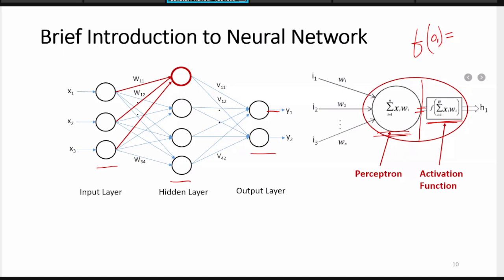So learning a neural model basically means learning these weights. Instead of fixing them manually, now I want to learn them. So how do you learn? For learning a neural network or any other machine learning model, you need something called a training data set.